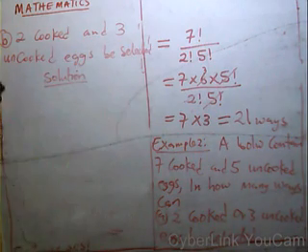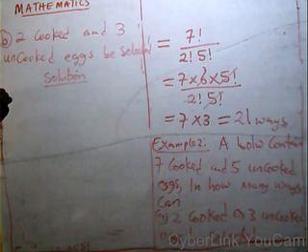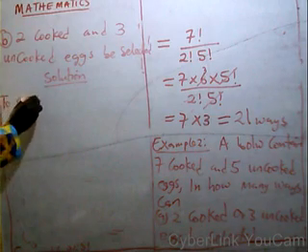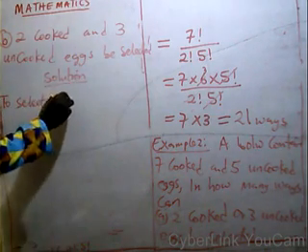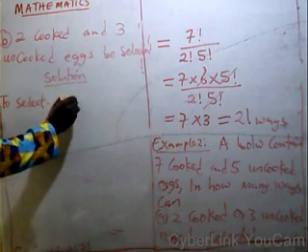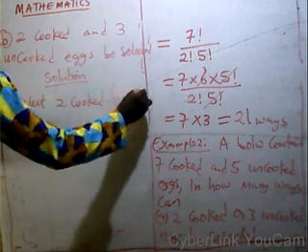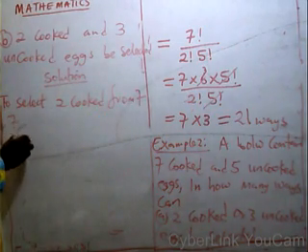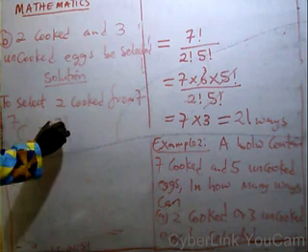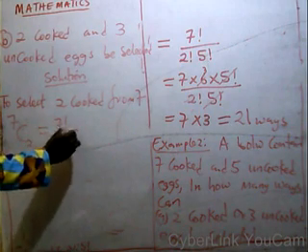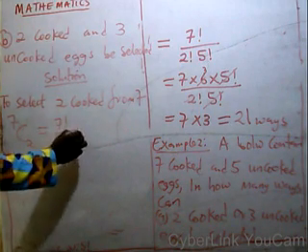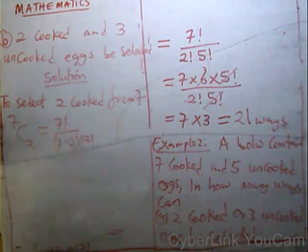So to select 2 cooked from 7, we have 7 combination 2, which is 7 factorial all over 7 minus 2 factorial multiplied by 2 factorial.